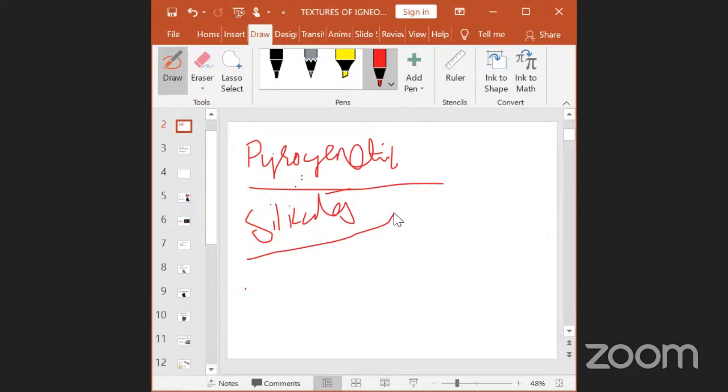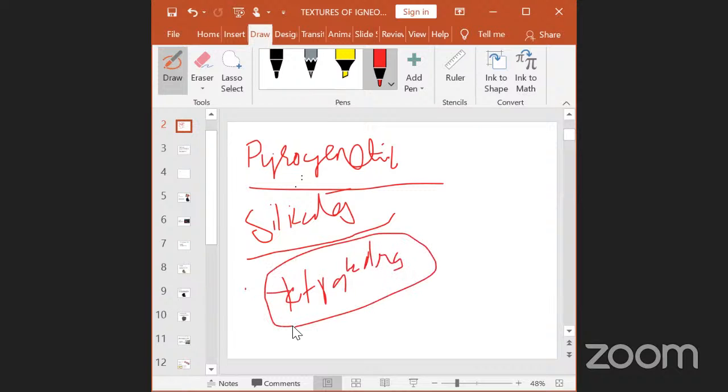Remember this word, silicates, it is important. The study of the crystal structures of silicates reveals the tetrahedra, which is the crystal form.